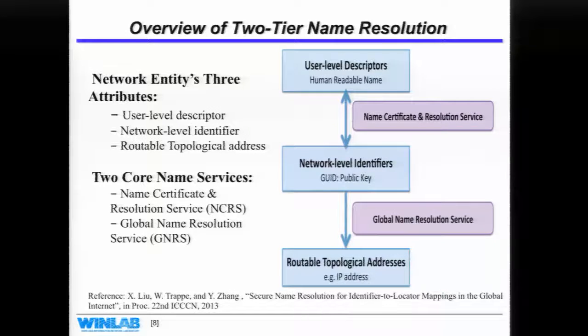At the bottom, we have routable topological addresses, which are network addresses, such as IP addresses. And the two core name services provide translation among these three attributes. The NCRS provides two-directional translation between the human-readable names and the GUIDs, while the GNRS maps from GUID to network address.